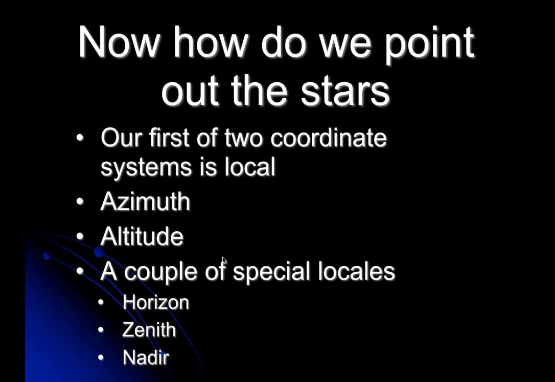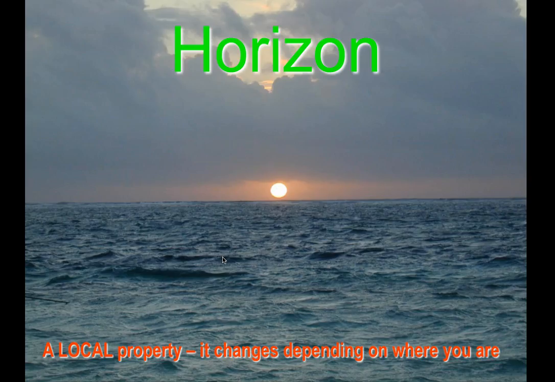North has an azimuth of 0 degrees, east would be 90, south would be 180, 270 would be west. And altitude is 0 degrees along the horizon, and altitude or elevation would be 90 degrees at the zenith, which is directly over my head. And nadir is directly below me.